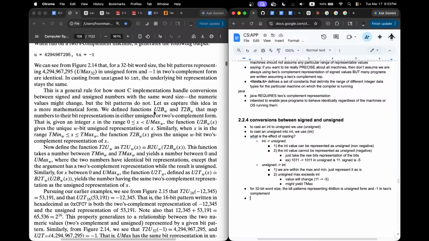The numeric values might change, but the bit patterns do not.